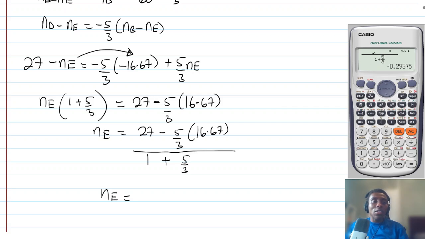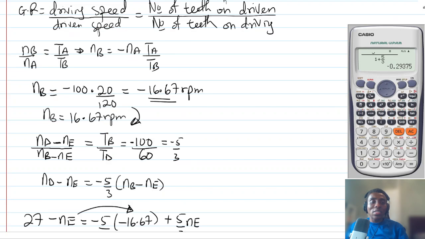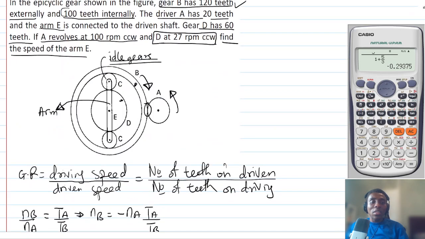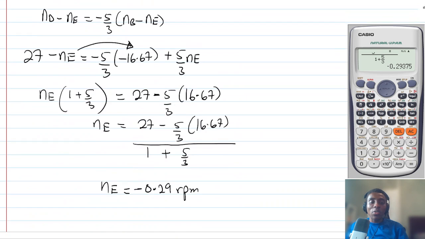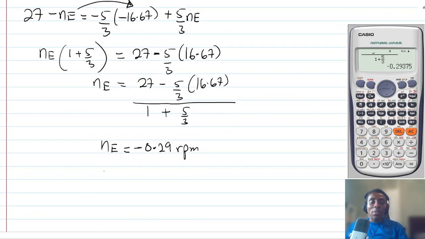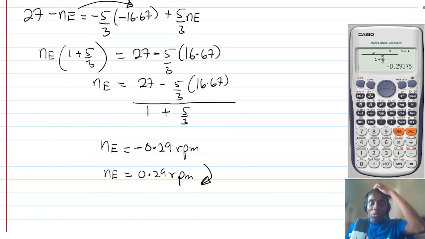That gives us minus 0.29 in terms of RPM. So that's basically the rotation of the arm E. The minus sign is just telling us that it is rotating in the clockwise direction. So this problem has been solved. Thank you.